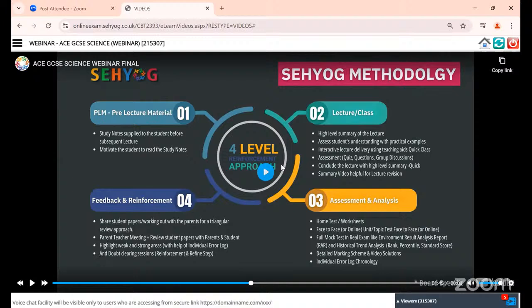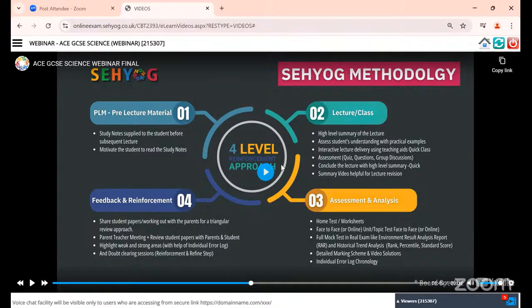So this is the lecture, an interactive, live lecture with the teacher. The third stage is assessment and analysis. Assignment is basically homework which we give to the student once the topic is completed, but the test is a proper test allocated to the student on the weekend, so that whatever concept and homework has been done, the student practices that as a test, proper practice of examination questions.